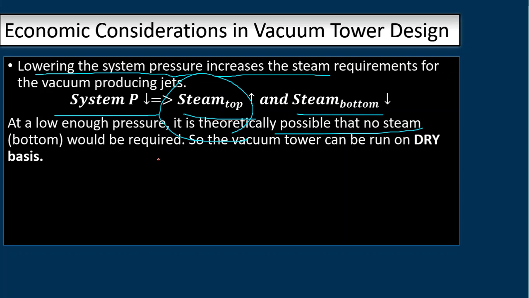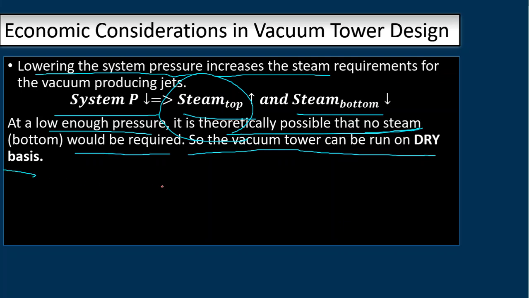But there is one situation: if you lower the pressure to a very low value, it is theoretically possible that no bottom steam is required. It means the vacuum tower can now be run in dry mode, or on a dry basis.